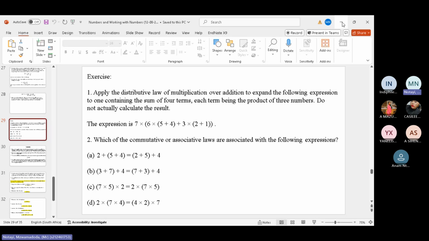The original expression is 7 multiplied by bracket 6 multiplied by bracket 5 plus 4 close bracket plus 3 multiplied by 2 plus 1. Now we have broken the inside brackets, but there's one bracket that we haven't broken yet. So I want you to break that bracket to get me the final terms that the question is asking.